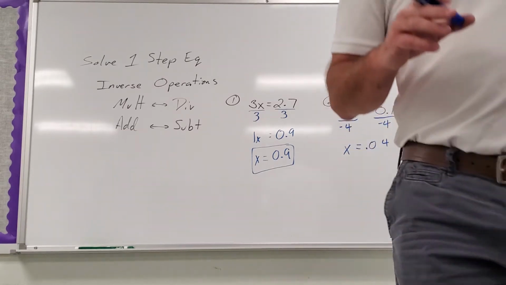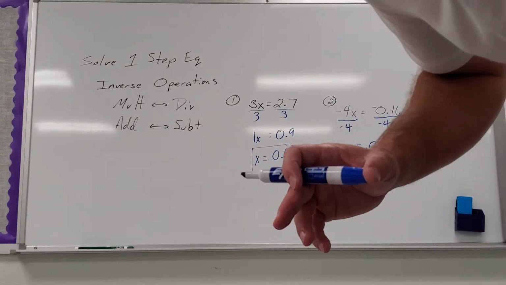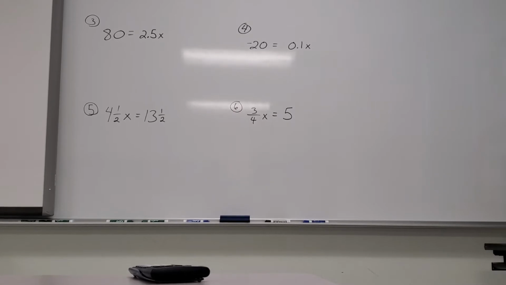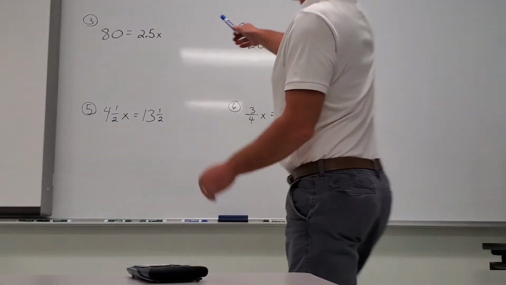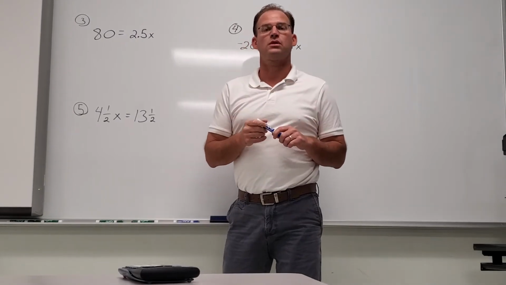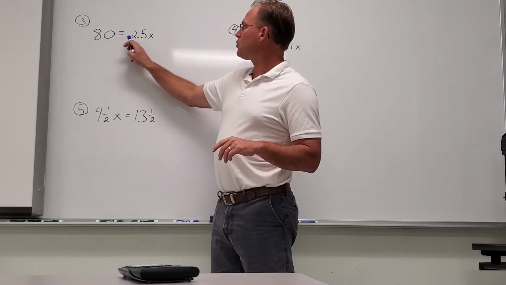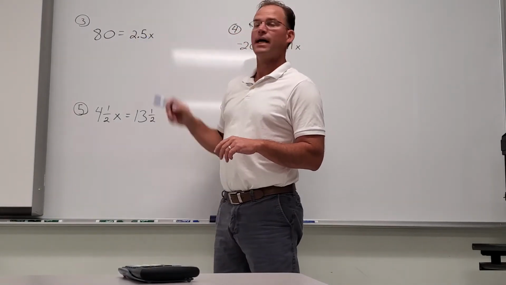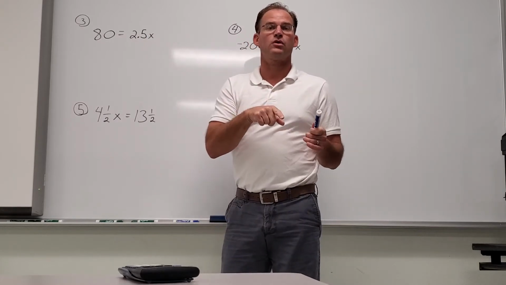Continuing. Let's fly to the other side of the room. So, again, the variable is written on the right-hand side, we always work from the variable side. So here I have 80 equals 2.5 times x. So I need to do the inverse operation.